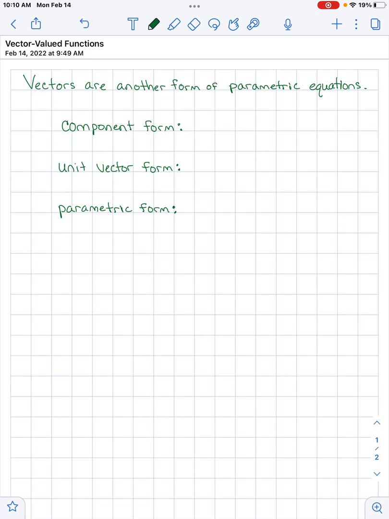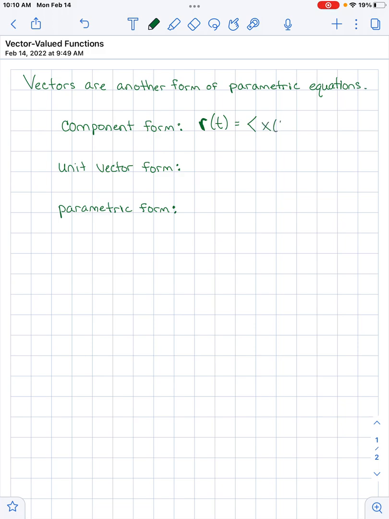So there are three different ways you can write a vector. The component form is the form that you're going to see the most often. When we denote the fact that we're talking about a vector, we use a bold variable. In our case, our bold variable is r. This is vector r.